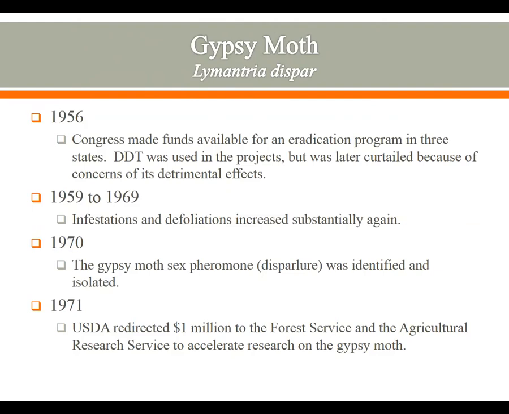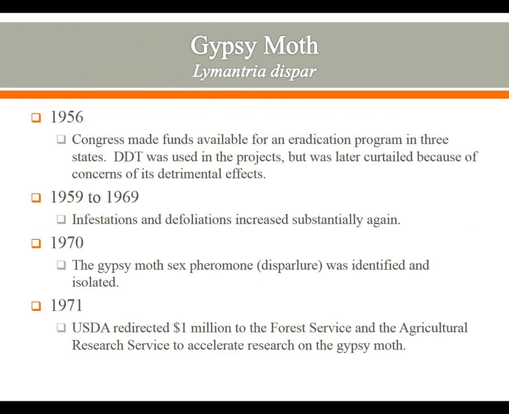So for the next 10 years, 1959 to 1969, populations continued to grow and spread. Then in 1970, a new development: the female sex pheromone, disparlure, was identified and isolated. So this really changed things as far as how we started to look at controlling the spread of the gypsy moth.